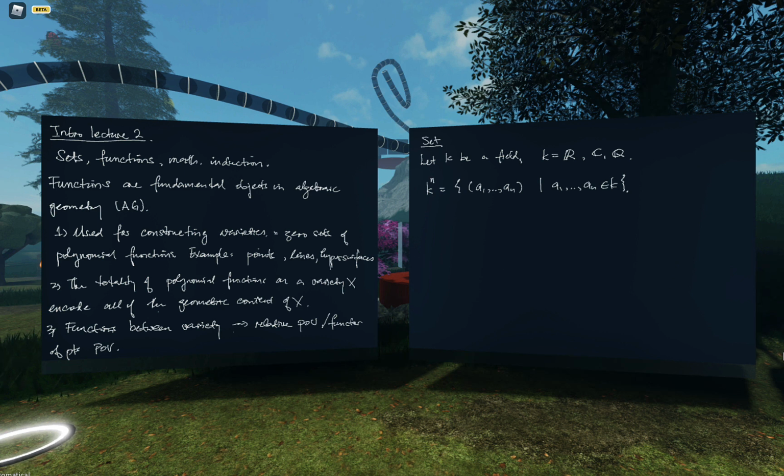But of course, often in algebraic geometry, we don't want to emphasize the vector space structure of K^n. So we'll actually call this A^n over K. So it's actually the same thing. I'll just say K^n without the vector space structure.